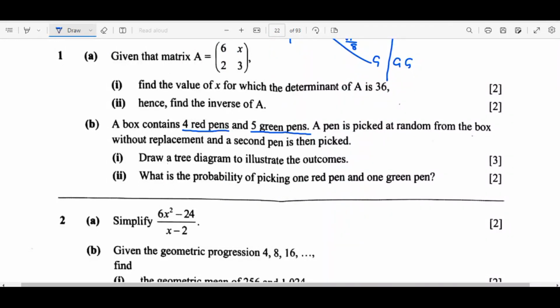So what is the probability of picking one red pen and one green pen? We have to find the probability of picking just one of each.